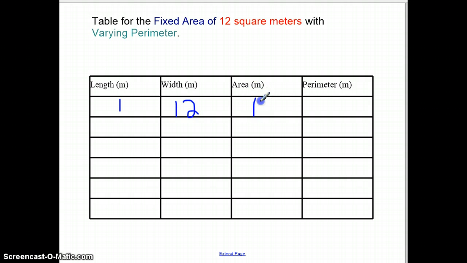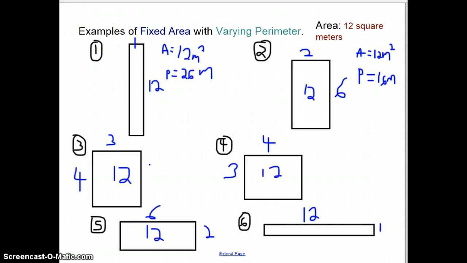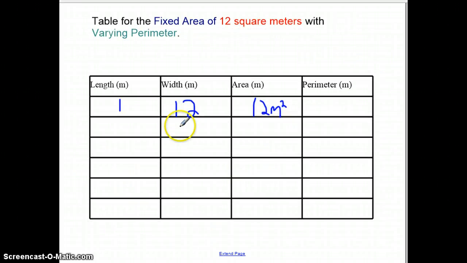Our area is going to be length times width, which is 12 meters squared. We found all of these to be the same area, so this should be all the same. So I just did your area section for you. But notice when it comes to a fixed area, it's fixed, so it's the same all the way through.